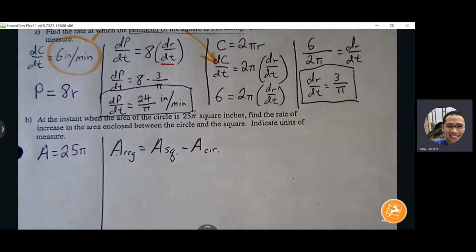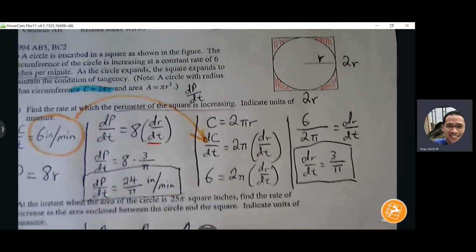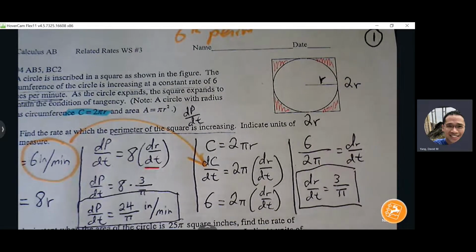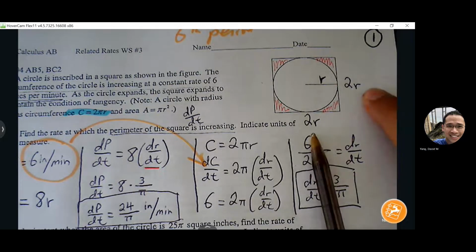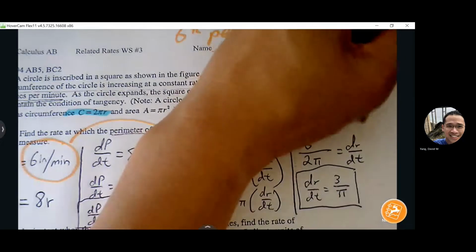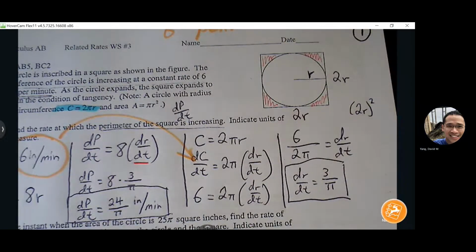So let's build the area of the square and the area of a circle. For the area of a square, again, we want to take advantage of the variable that's already been provided. So what's the area of the square? 2r squared, but if we clean that up, distribute that 2 through, and it becomes 4r squared.